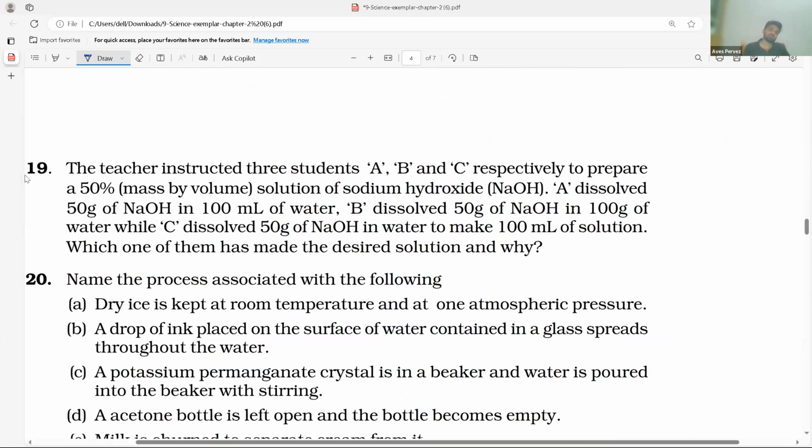Okay, in question number 19, who is correct? First, you need to tell me who is correct. And secondly, calculate here.